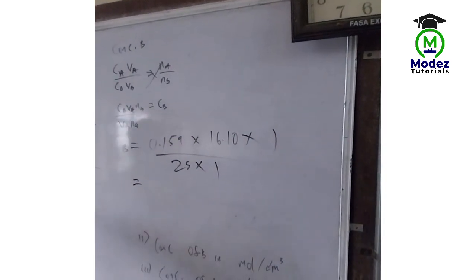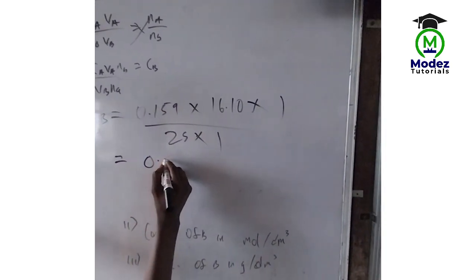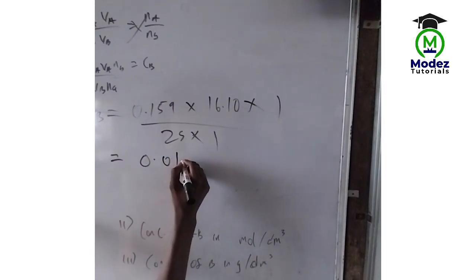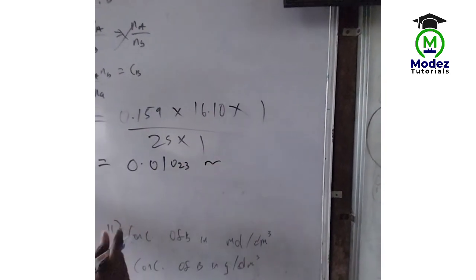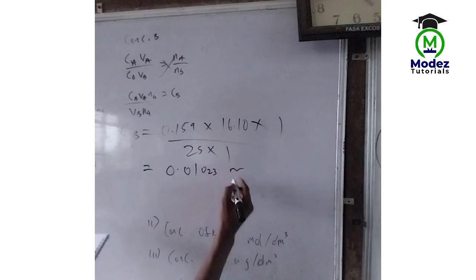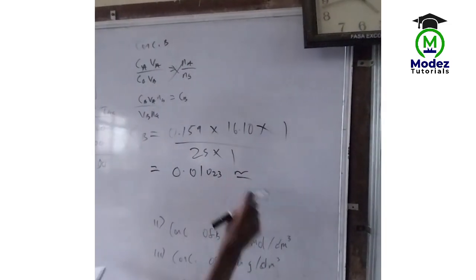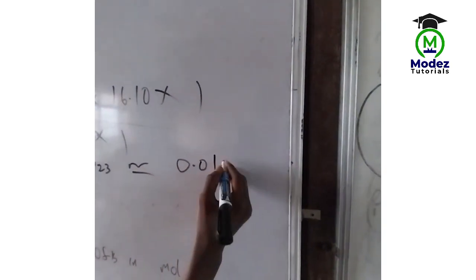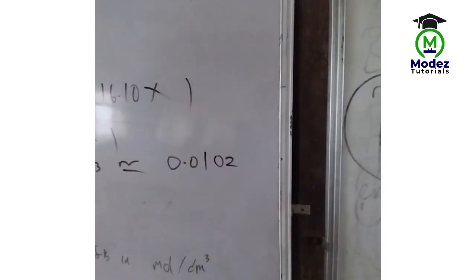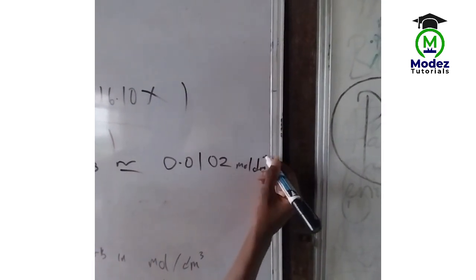If you punch your calculator, you get 0.01023. Remember, make it 4 decimal places, because you can't make it 0.01 again. So it is 0.0102 mole per dm³.